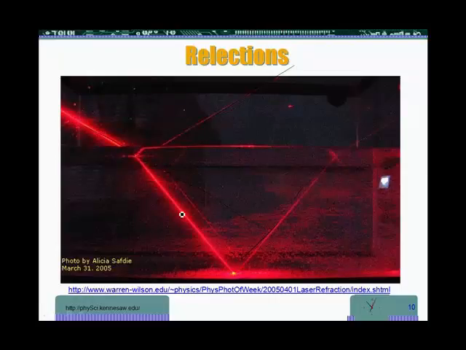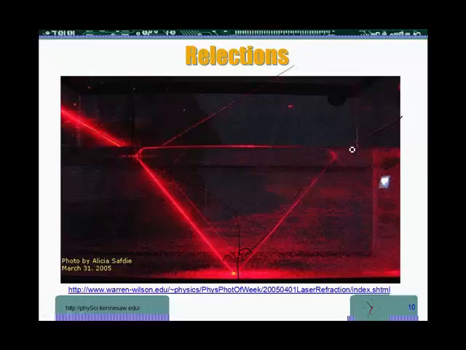It is bending towards the normal. Here, the angle of incidence and the angle of reflection are the same. Here, it's not very visible, but the angle of incidence is the same as the angle of reflection. And you notice that the beam that comes out at the end is very much parallel with the beam that was reflected here.